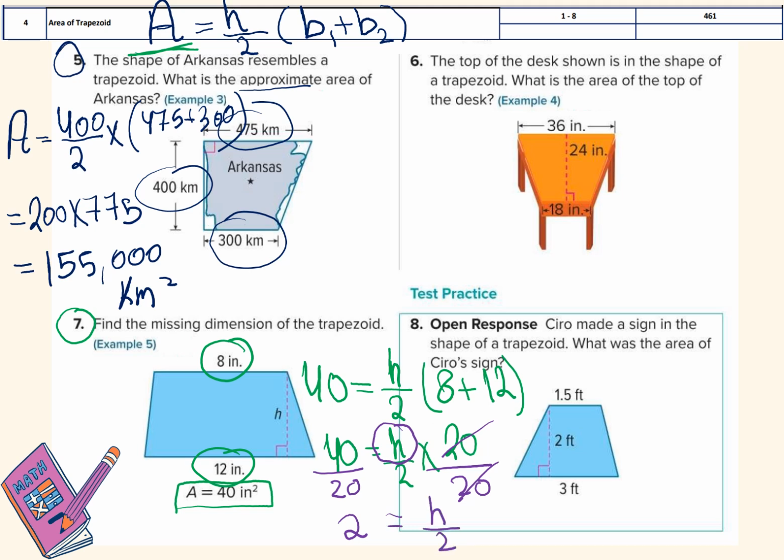The last step is to get rid of that division. H is divided by 2. To undo that division, you need to use multiplication. So it is very important to multiply both sides by 2. That step is very important. Try not to forget it. So H equals 4 inches. This is the height.